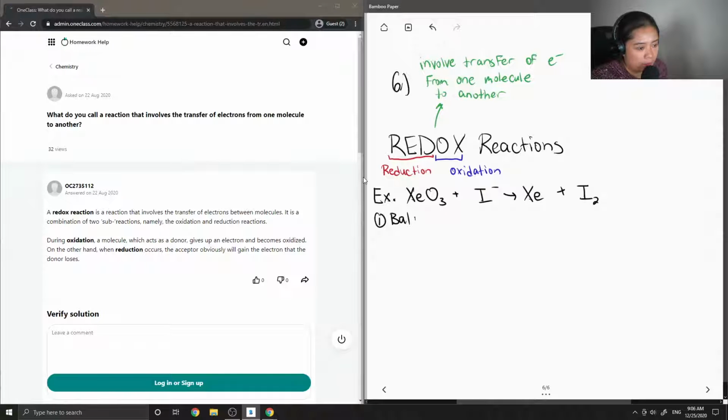So the first step would be to balance all the atoms that are involved. And we want to separate these into their half reactions. So reduction involves the gaining of electrons, and oxidation involves losing electrons.